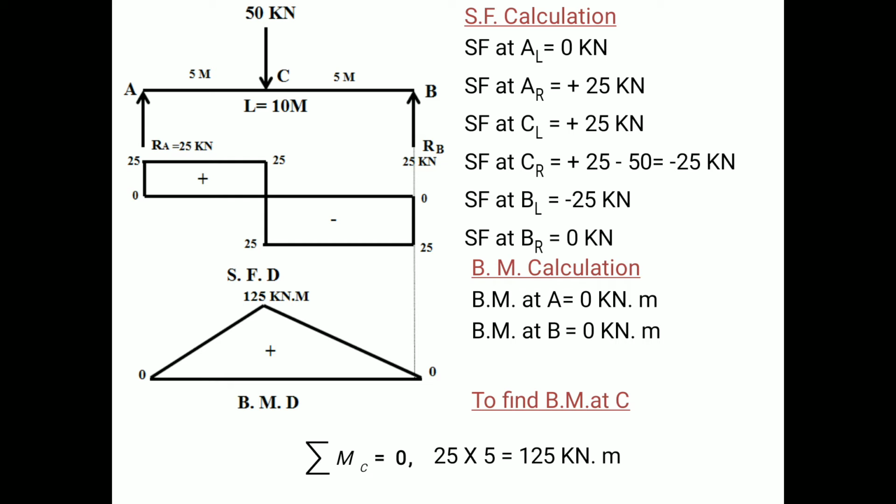It means that while finding out the shear force, as per the definition of shear force, it is the algebraic sum of all the vertical forces. So we have to consider the sum on either left hand side or right hand side of that particular section. The second point which we have to remember is shear force at ends is always 0. So the shear force at end we have to consider as 0.